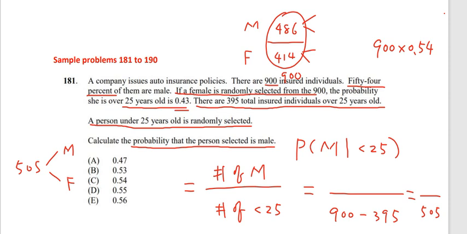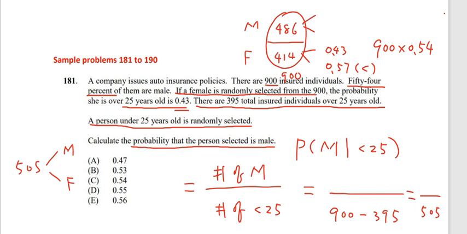For female, 47% are over 25, so 57% are less than 25.